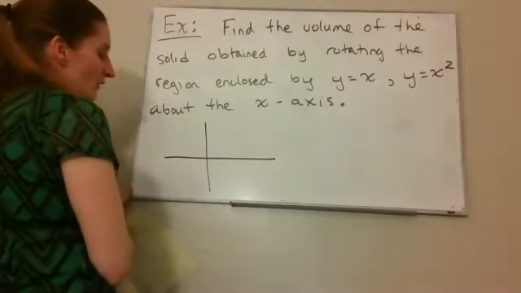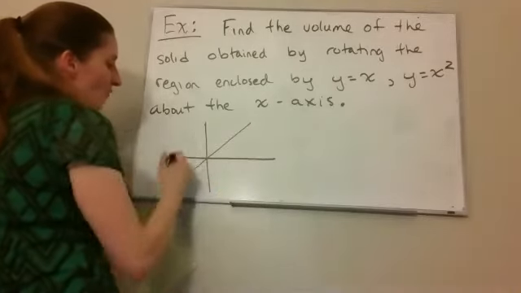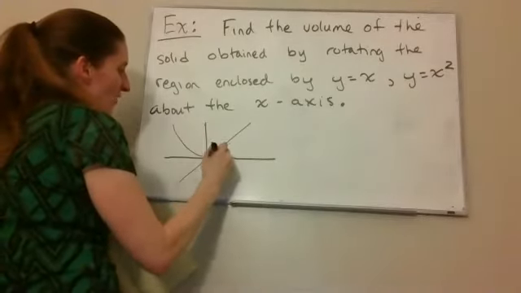So y equals x, we know, is a diagonal line, and y equals x squared is our parabola.